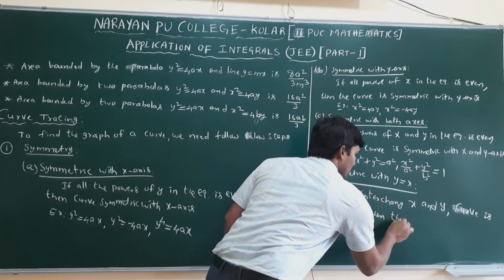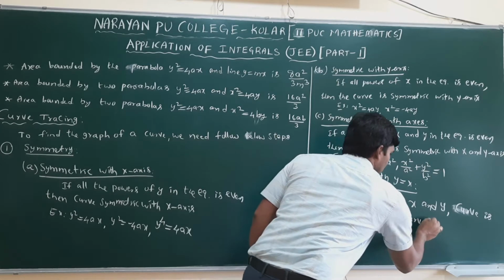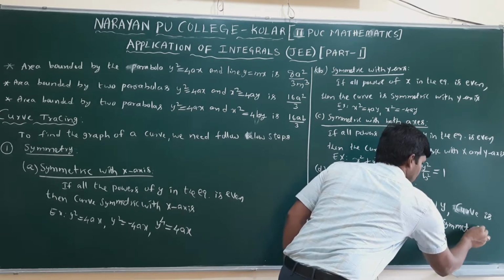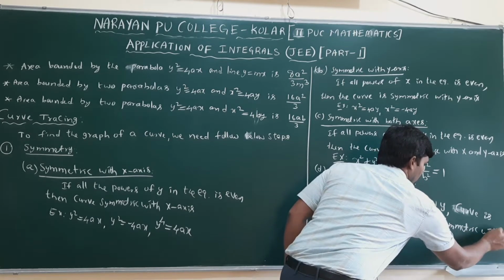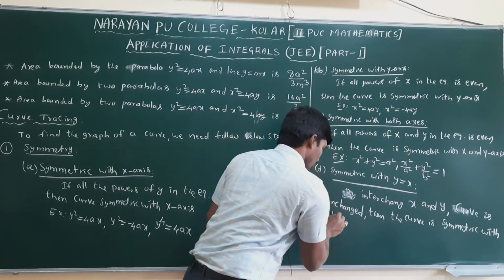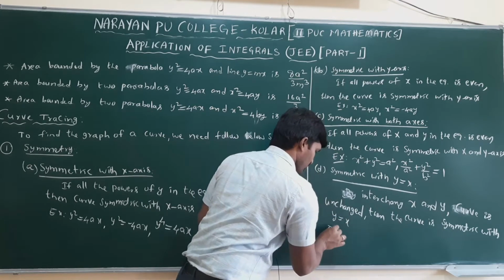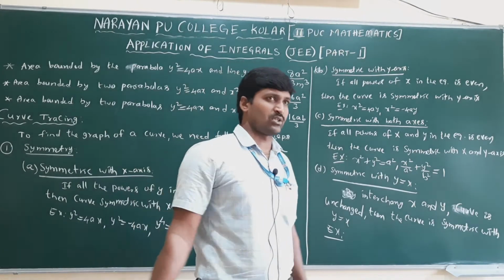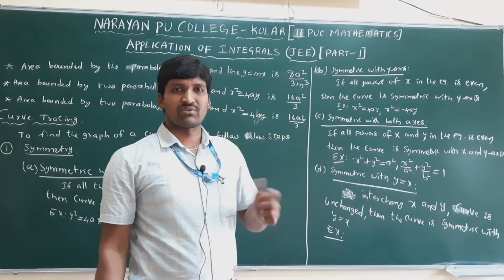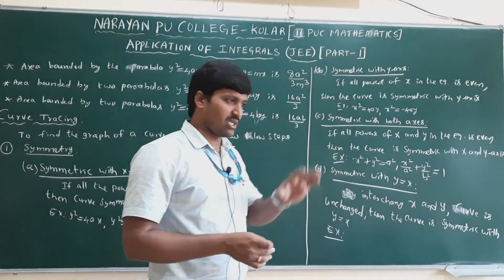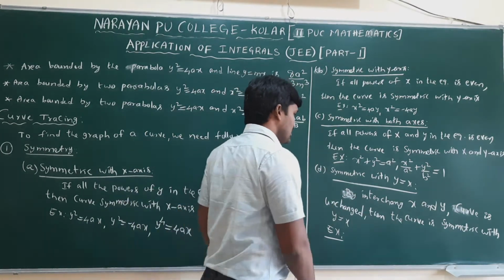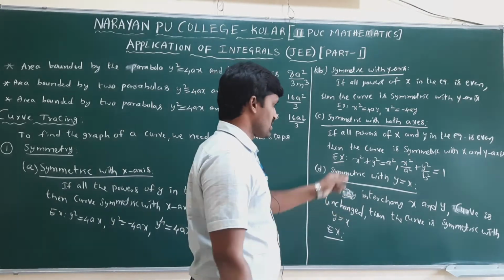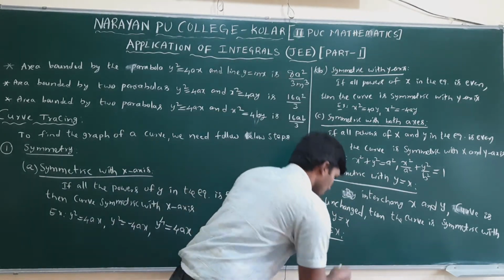Then the curve is symmetric with y is equal to x. That means if you interchange those two symbols, the curve does not change its nature, the equation remains the same. Such equations we call symmetric with the line y is equal to x, not an axis here.